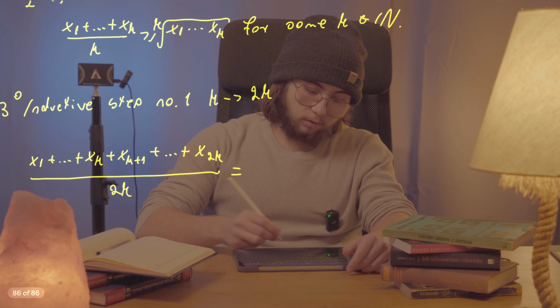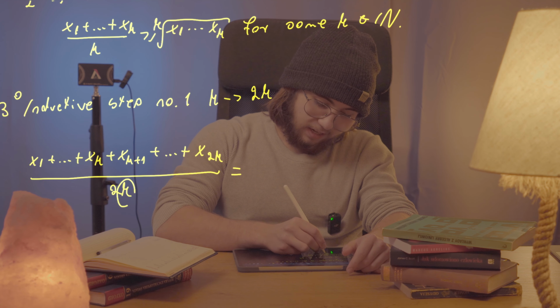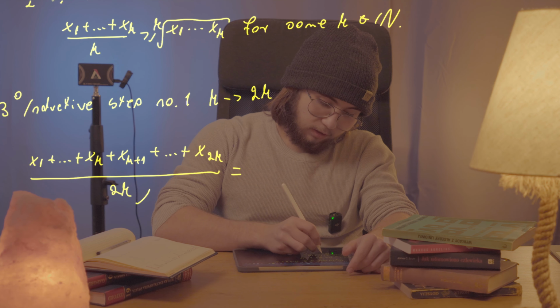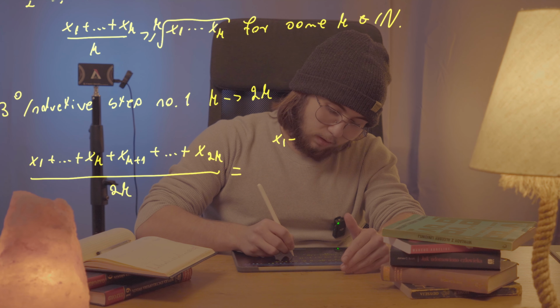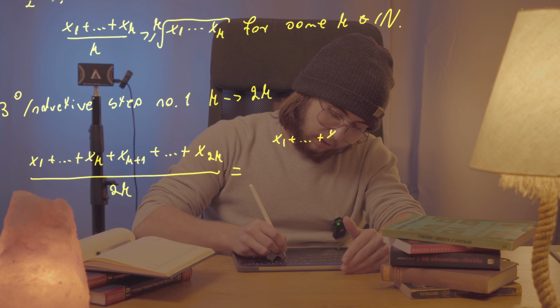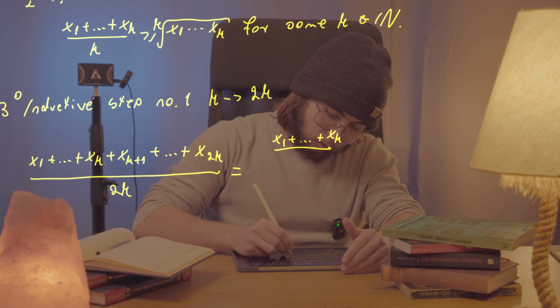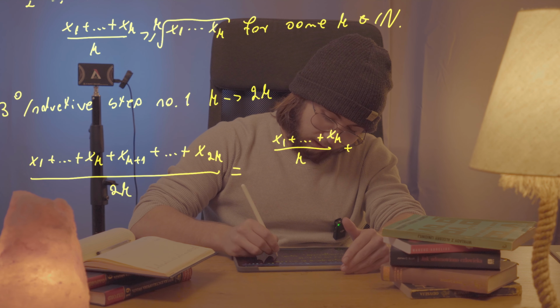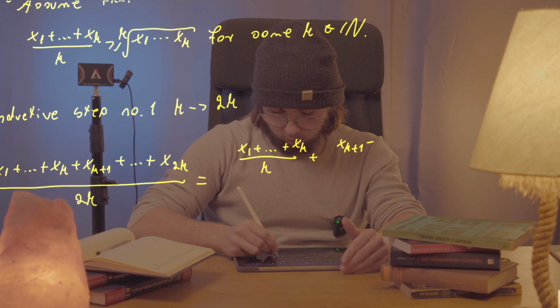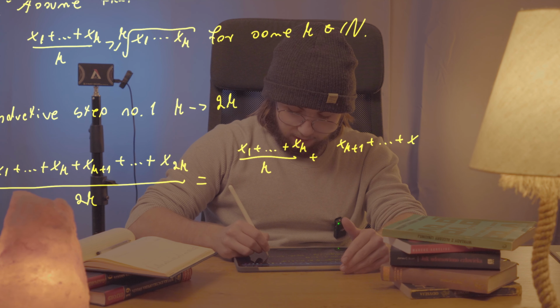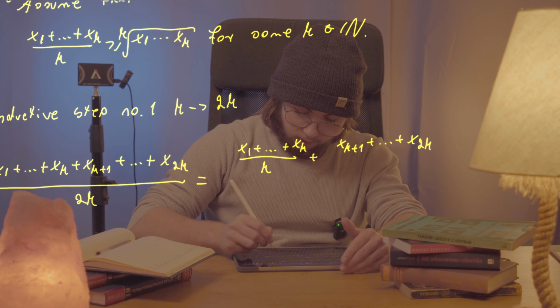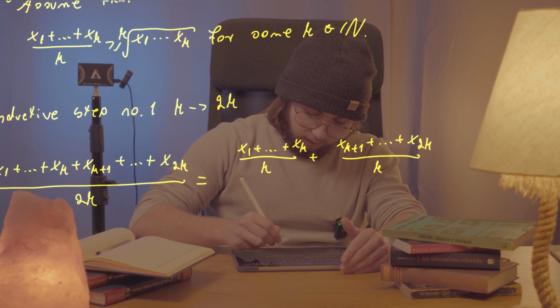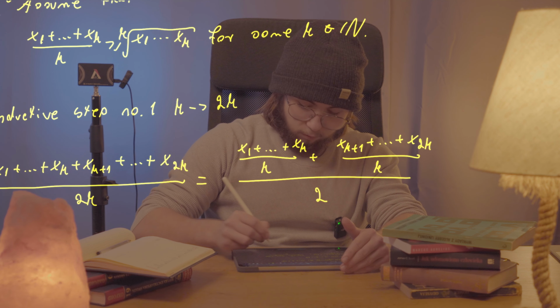For example, we could distribute this k into the numerator, getting x1 up to xk all summed up all over k, plus another similar looking fraction, x sub k plus 1, adding stuff until we get to x sub double k all over k, and now all divided by 2.